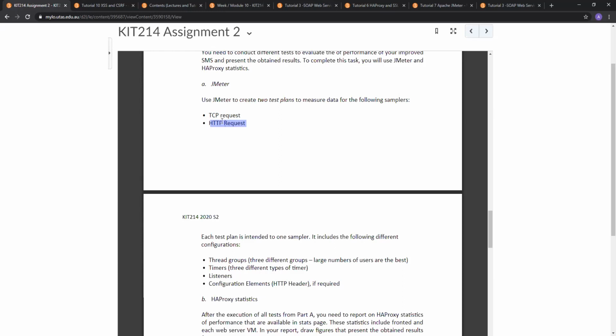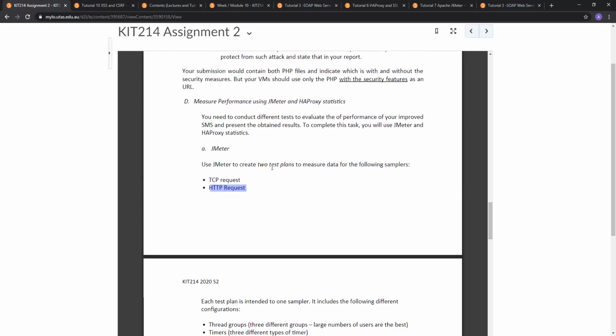You can do exactly the same thing with TCP, but then you have to go more in depth: you have to specify the IP address, then specify the port, and then send packets and receive. But you won't be able to call it as something like .php. You literally have to just send some information and it'll get some information. You won't be able to retrieve any meaningful information just using TCP requests as such. But because Apache and all are running HTTP, they should be responding to some TCP stuff if you send requests like that.